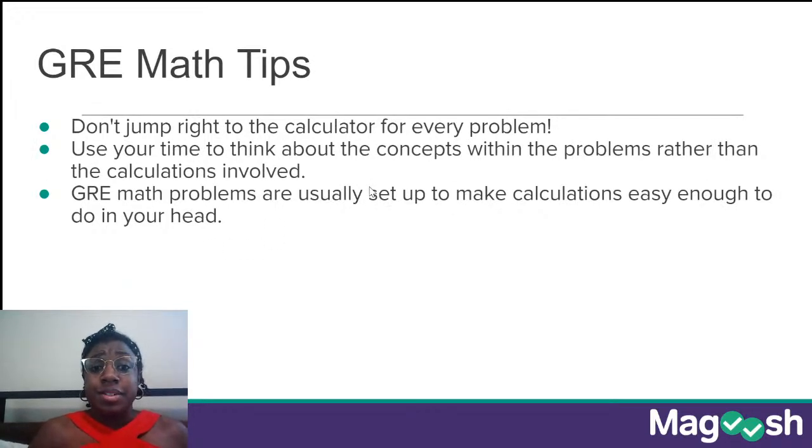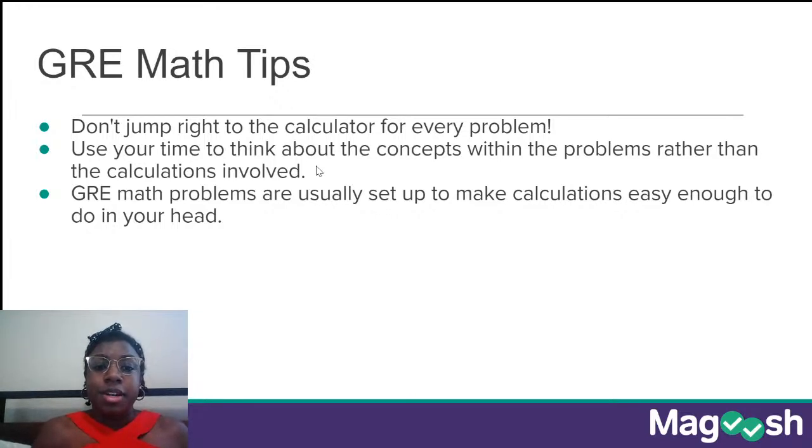The GRE is unique in that it is administered entirely online, and you are only allowed to use the provided computer calculator. An important tip for all GRE students: don't jump right to the calculator for every problem. For one thing, the online calculator is a bit wonky and cumbersome to use if you are used to working with a physical calculator. Instead, make good use of your scrap paper.